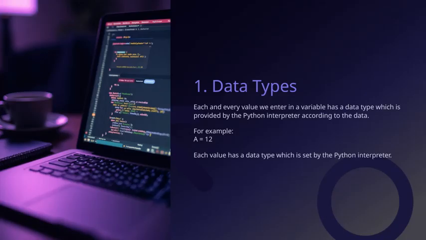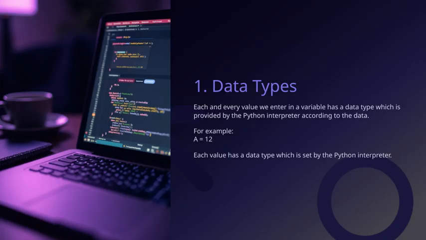Every value we assign to a variable in Python has a specific data type. This data type is determined automatically by the Python interpreter based on the kind of data we're working with. For example, if I write a equals 12, Python recognizes that 12 is a number, specifically an integer, and assigns the integer data type to a. The key point here is that each value isn't just a random piece of data.